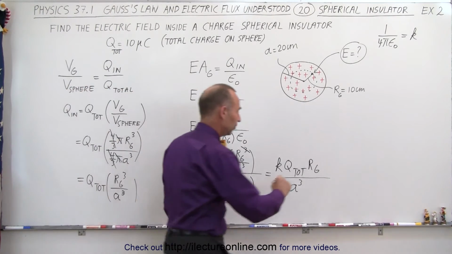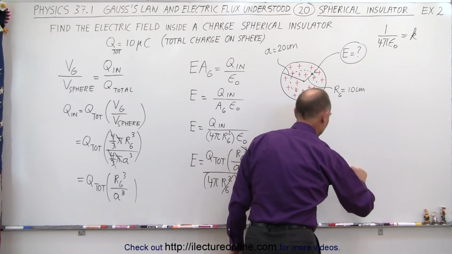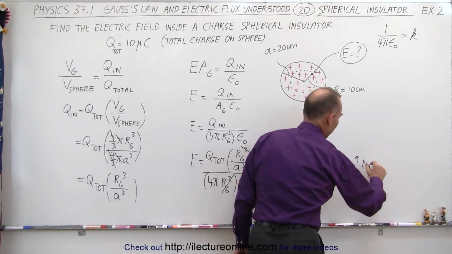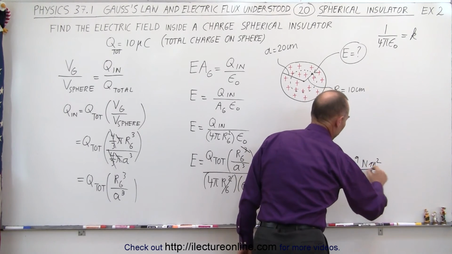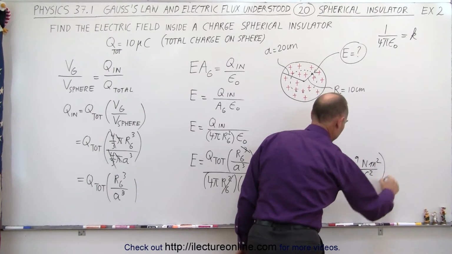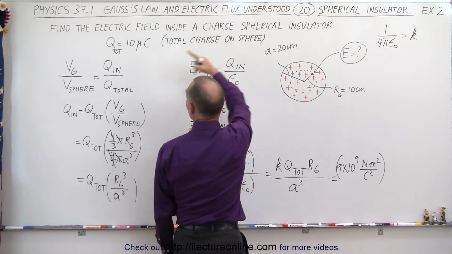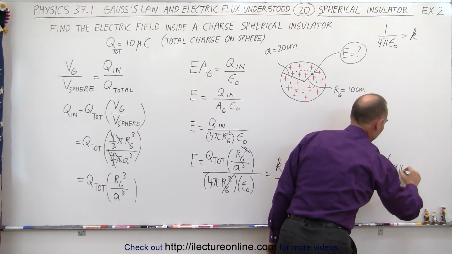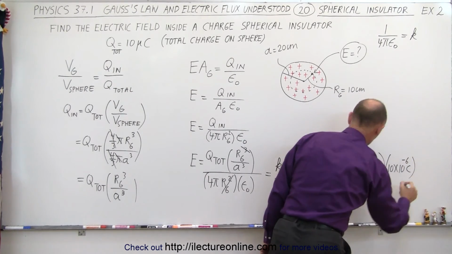Now we plug in the numbers. k is going to be 9 times 10 to the 9th newton meter squared per coulomb squared. Q total was given to us as 10 microcoulombs, so that's 10 times 10 to the minus 6 coulombs.